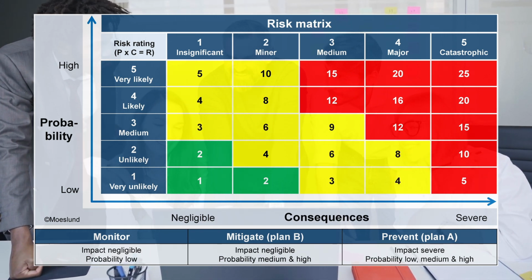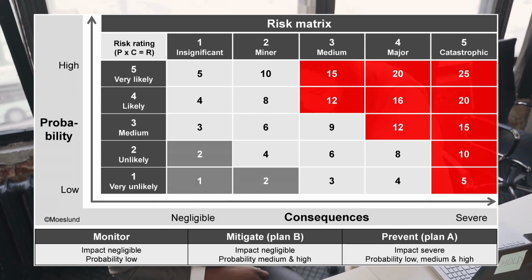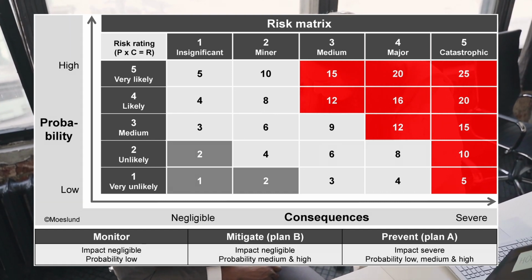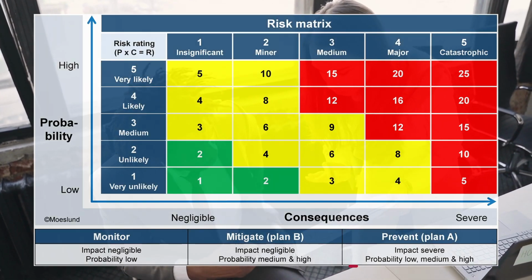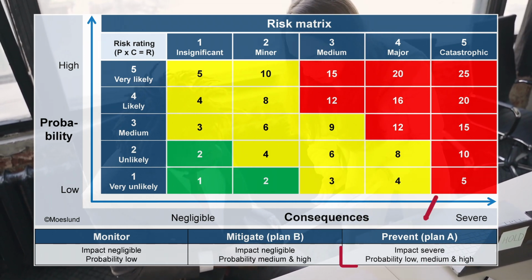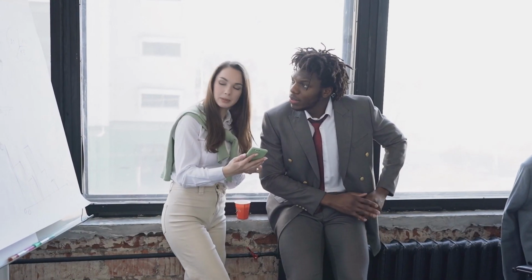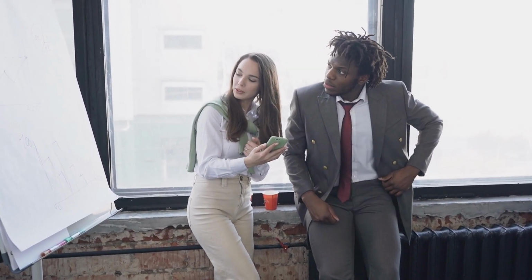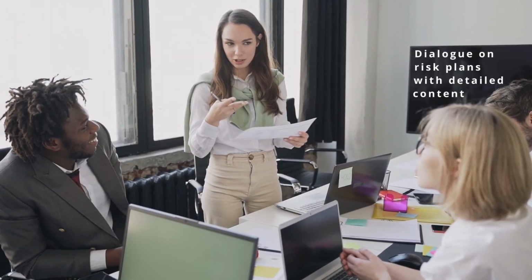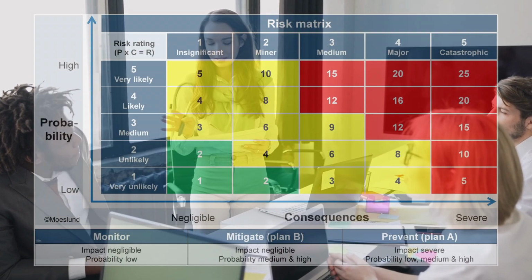Contrary to what is seen elsewhere, the position of this video is that any risk with severe impact should be treated with a preventive strategy and a Plan A, regardless of whether the probability is high, medium or low. With some minor risks that only need to be monitored, once this is done, we enter into a dialogue about how each significant risk is handled in detail.